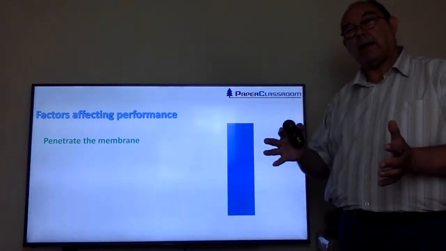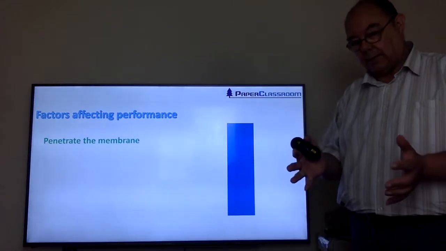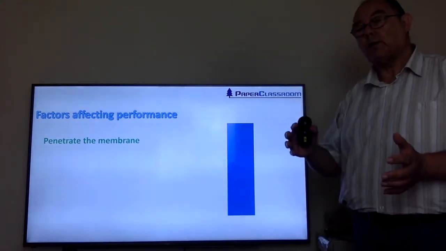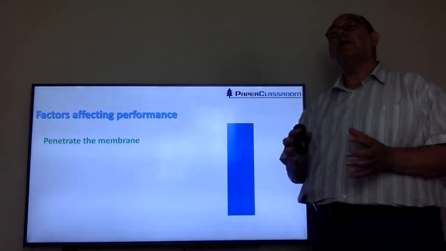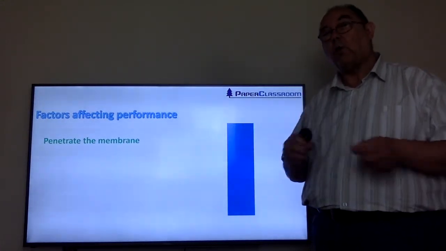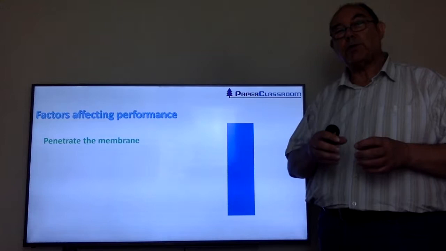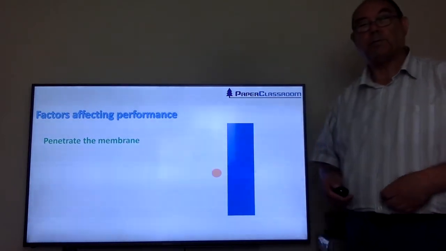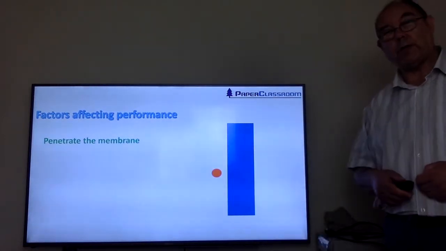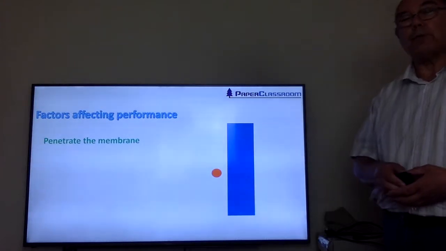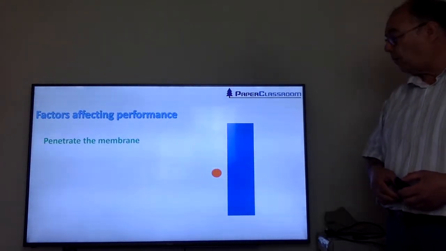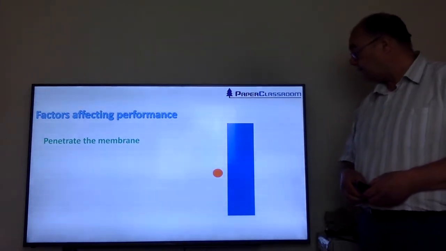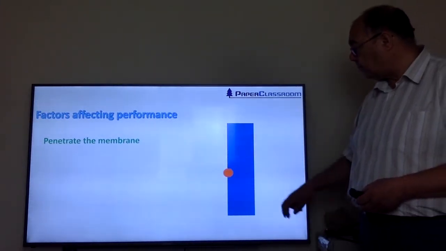If that relatively large droplet is going through some shear forces, it's going through baskets, it's going through pumps, then there's every chance that these droplets will be broken down into smaller and smaller and smaller droplets. So here's a small droplet now. Watch what happens as this penetrates the membrane of the bubble.